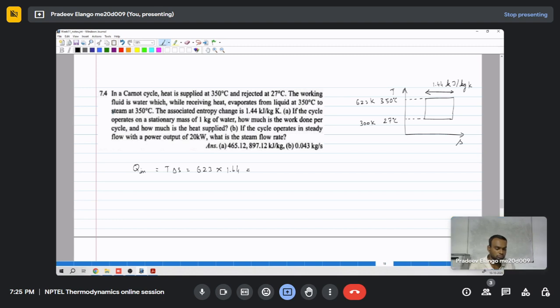So it is 897.12 kilojoule per kilogram, and we can calculate the efficiency of the Carnot cycle. So that is 1 minus low temperature reservoir by high temperature reservoir, that is 1 minus 300 by 623. Can you calculate the efficiency?